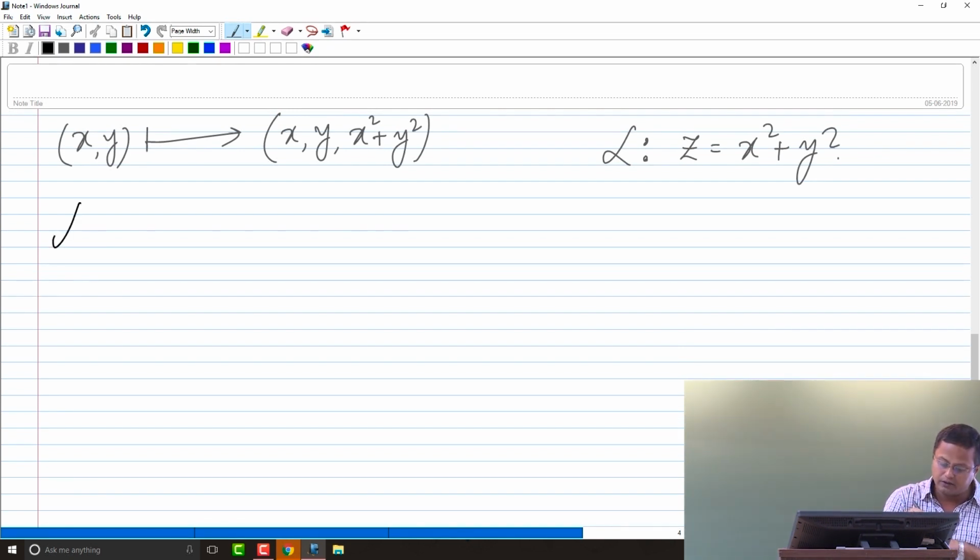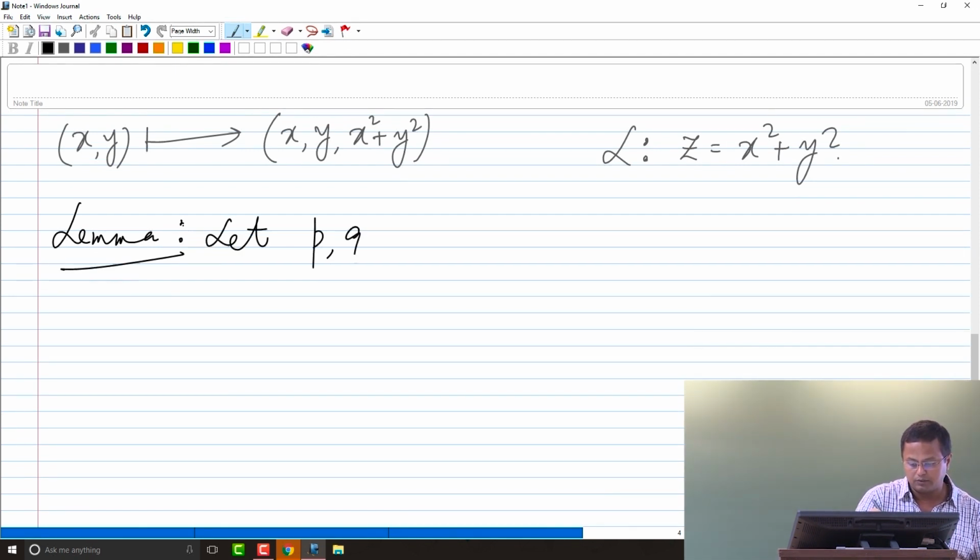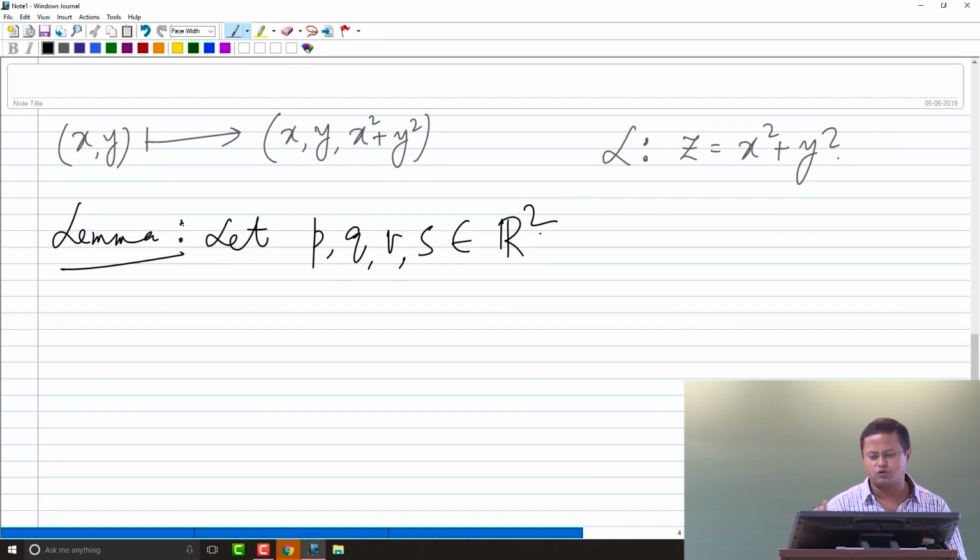And the lemma that I try to prove is, let P Q R S belong to R 2. So, whatever I say is such that the convex hull of the point set would be centered at the origin, right. So, the origin lies within the convex hull, then the theory goes through, or else you have to translate and do a lot.